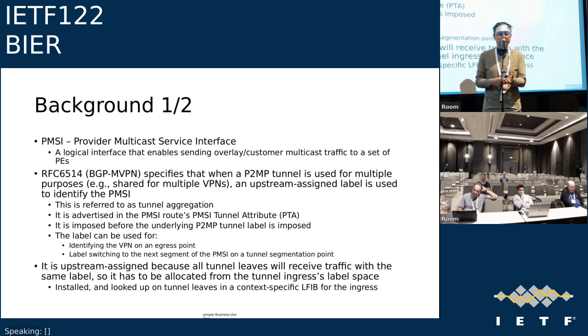This label is used to identify the PMSI, but this PMSI could be at the entire VPN level, or it could be at a per-PMSI level. So it can be used on the egress to just identify the VPN, like the per-VRF table label. You get that label, you find the corresponding VPN and VRF, and do the lookup there.